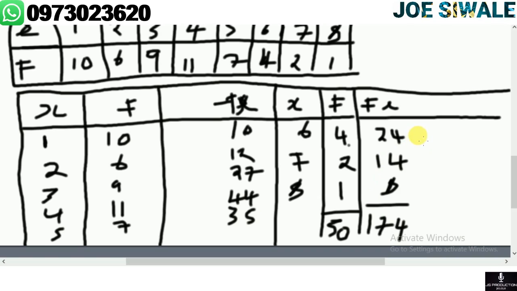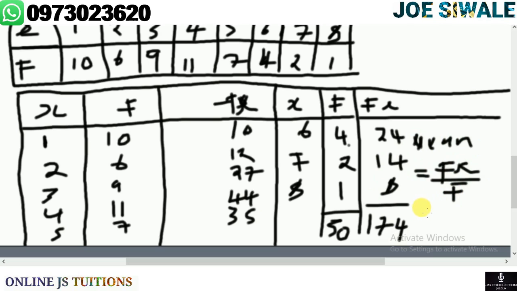And for me to calculate my mean, I'm going to write the mean here because I don't have enough space. So I'll say mean is equal to f of x divided by f. So we know that f of x is 174, divided by f, which is 50. So when you punch 174 divided by 50 in the calculator, the answer is 3.48.